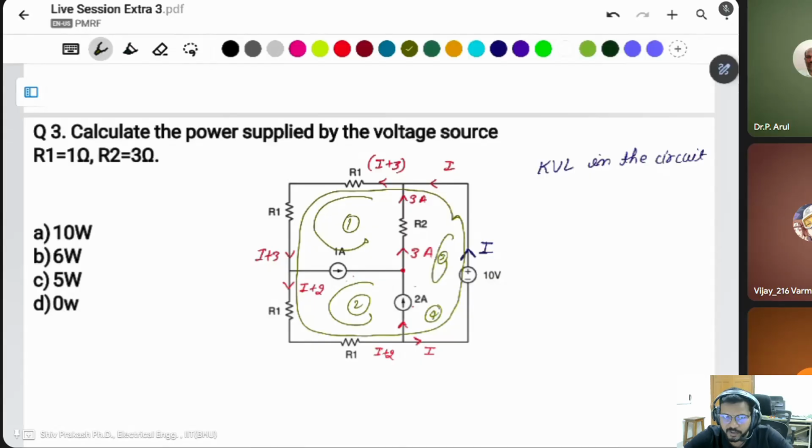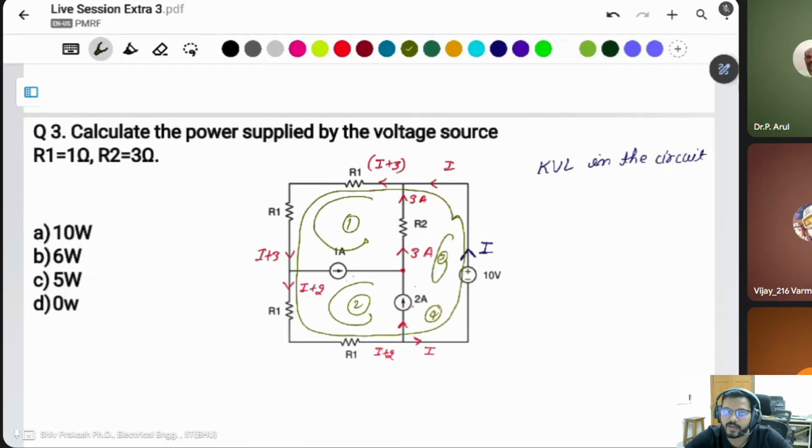Why? Because in loop 1 and loop 2 there is a current source. A current source has some voltage drop across it, but we don't know what the actual voltage drop is. That's why it is difficult to use loops 1, 2, and 3. All three loops consider the current source.